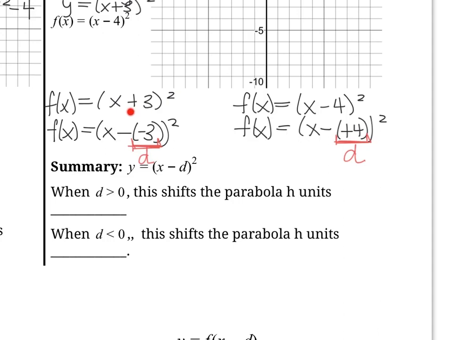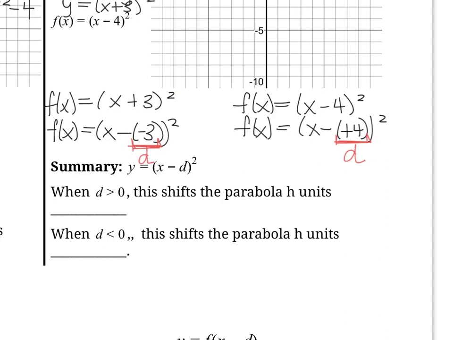It looks like all x coordinates were being added by 3, but actually they were being subtracted by 3. So this problem was moving to the left 3. And in this case, for the parabola, 4 was added to every single x coordinate, which means we're going to the right 4. It looks like it was subtracted, but it was actually adding. So by factoring out a negative 1, we find the true value of D and what was actually happening to the x coordinate.